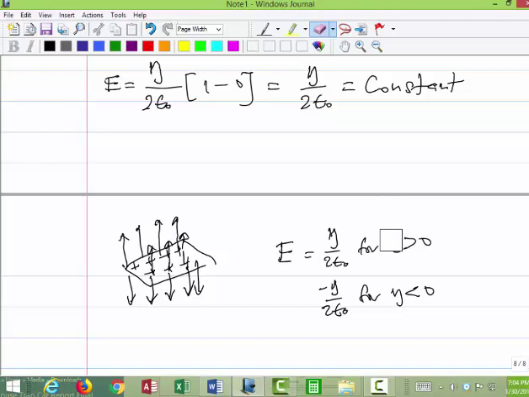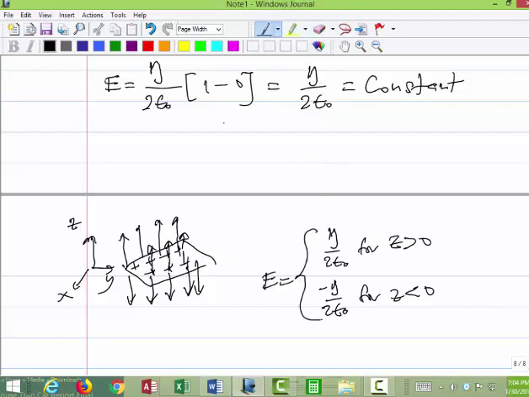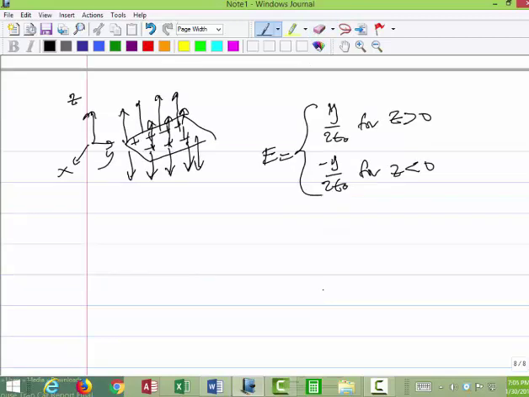I'm putting it on the xy plane, so this is z, and then we have x and y. So the electric field is up and down along the z-axis. Okay, so eta over 2 epsilon naught for z greater than 0 and minus for z less than 0, like that. We'll work on the parallel plate capacitor next.